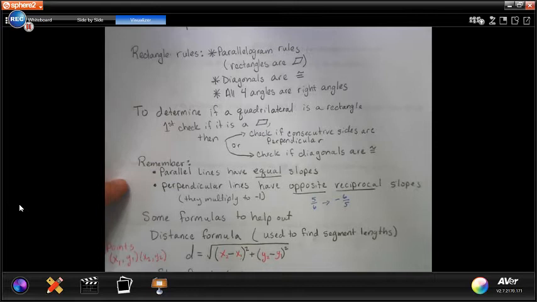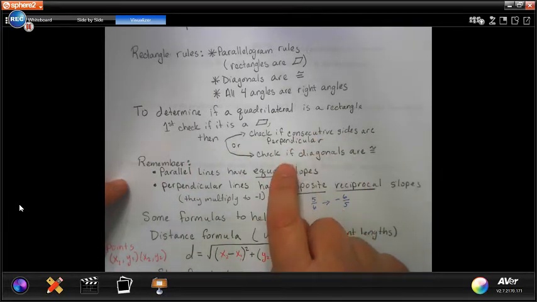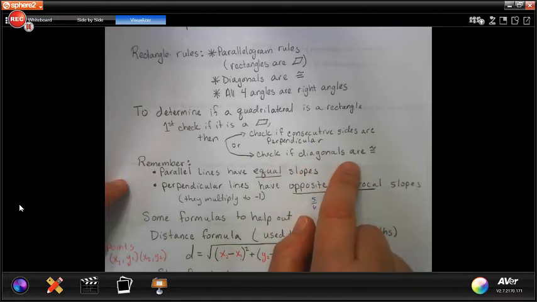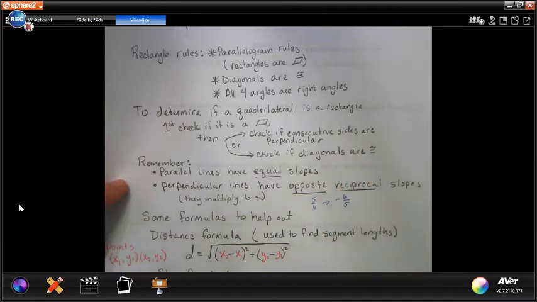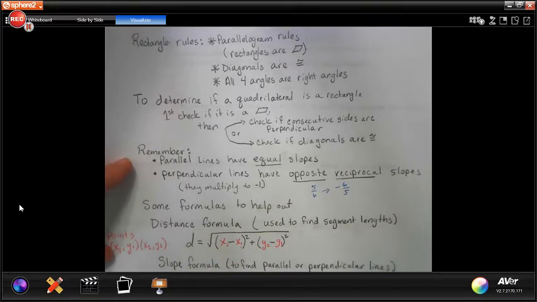Then you either check if consecutive sides are perpendicular or check if diagonals are equal. Checking if diagonals are equal is what you had to do on your assignment. To figure out if something has equal length, you have to use the distance formula, which is used to find segment length. So if you need to check if the diagonals are equal, you would use the distance formula on each diagonal and then see if the distance is the same.